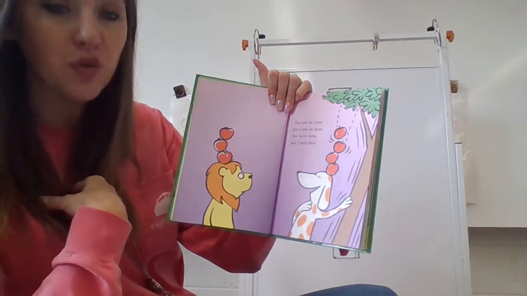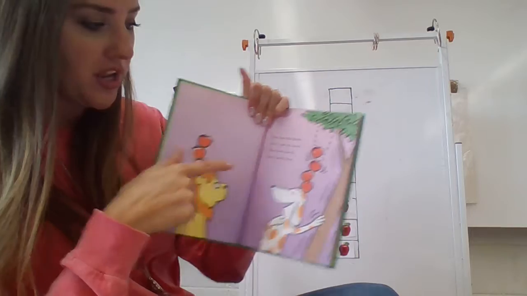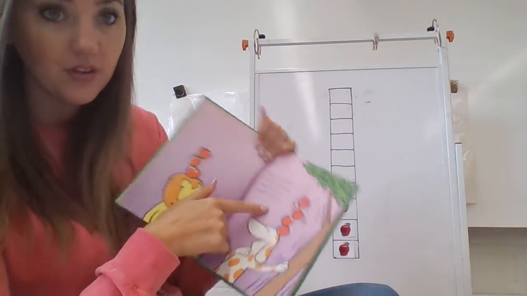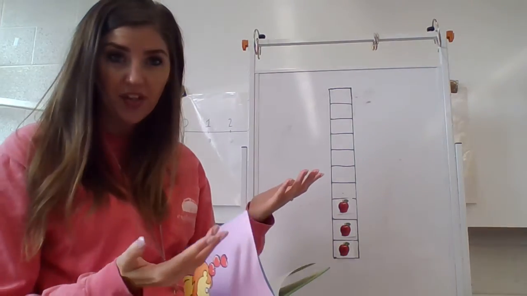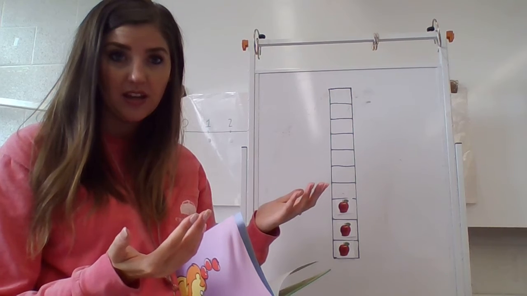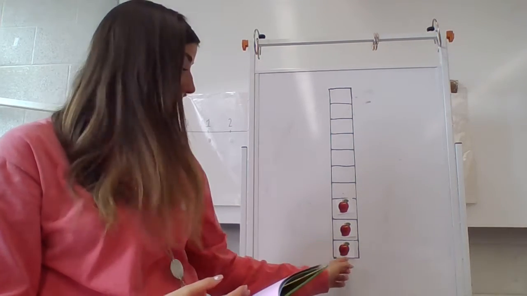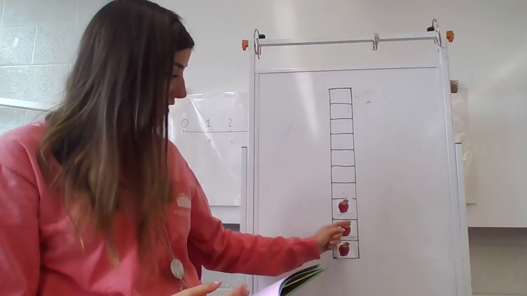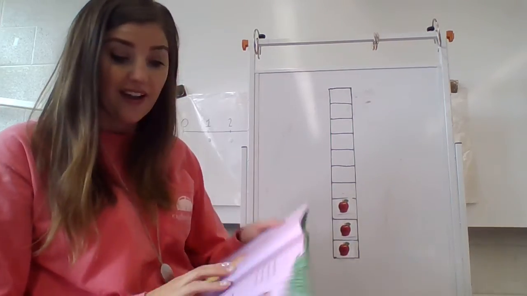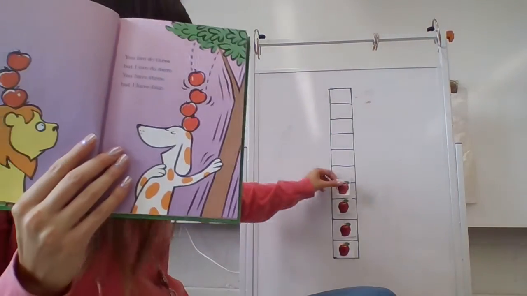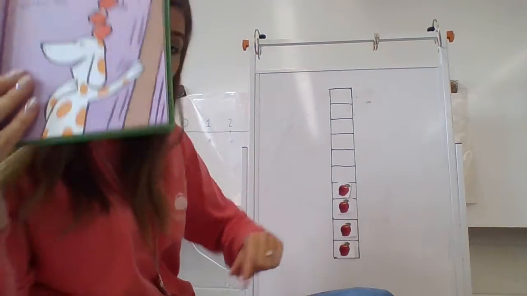But I can do more. You have 3, but I have... Which number is more than 3? Not 1. 1, 2, 3. He has 4 apples on his head. That's more than 3.